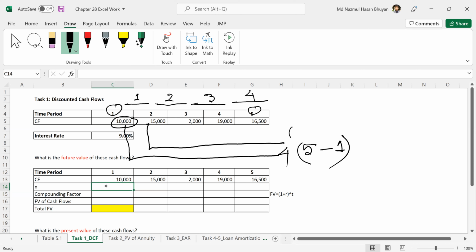So you are going to get interest on top of this amount for how many years? In total 3 years. The same way, you're going to receive interest on top of this amount for 2 years. For this one, you're going to get interest for 1 year. For this amount, you're going to get interest for 0 years.